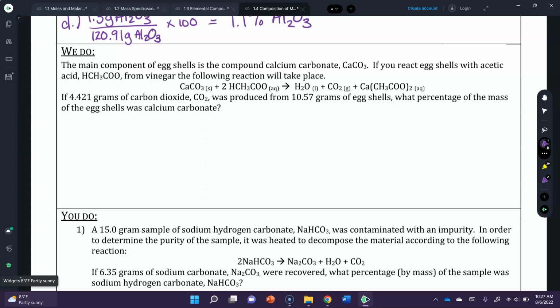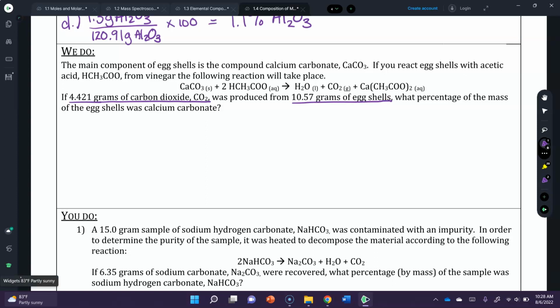If we have 4.421 grams of carbon dioxide produced from 10.57 grams of eggshells, what percentage of the mass of eggshells is calcium carbonate? Okay, so you are given grams of carbon dioxide, and you are given the total mass of eggshells.